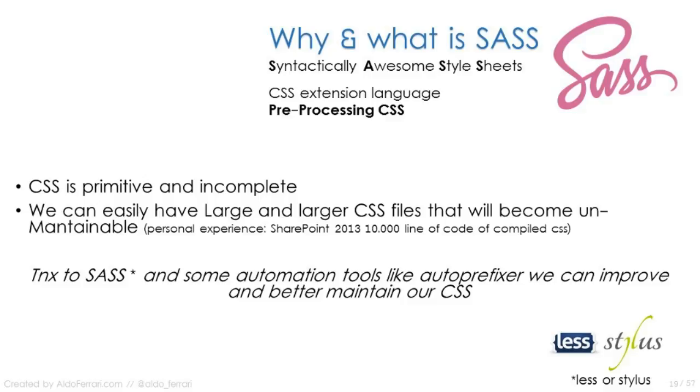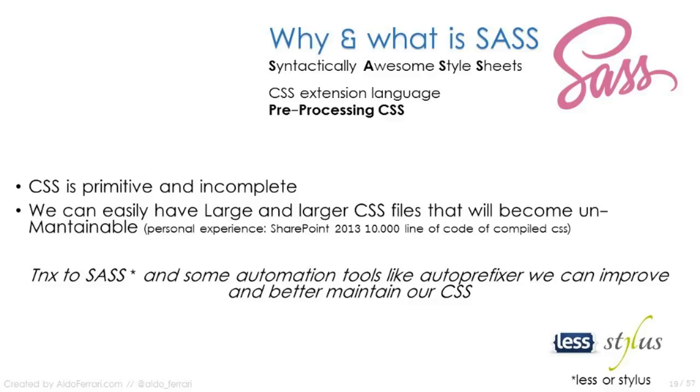Because as I already said, CSS is incomplete. We can easily have a larger file, and thanks to Sass or other preprocessors, we can use the power of this language to divide and create a structured CSS. So we will go deeper and deeper.